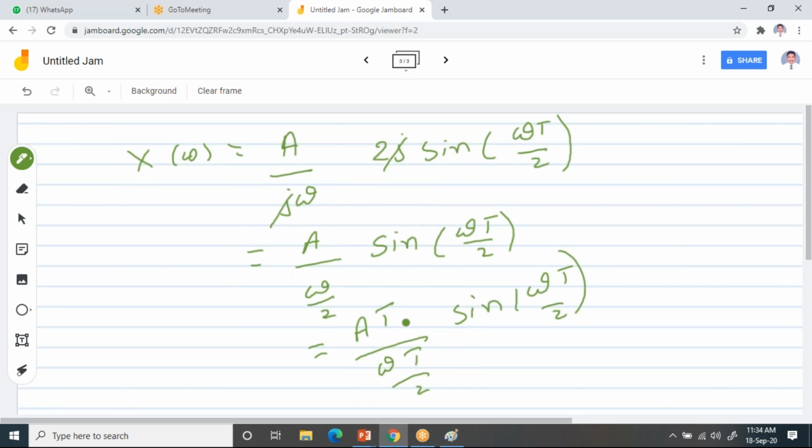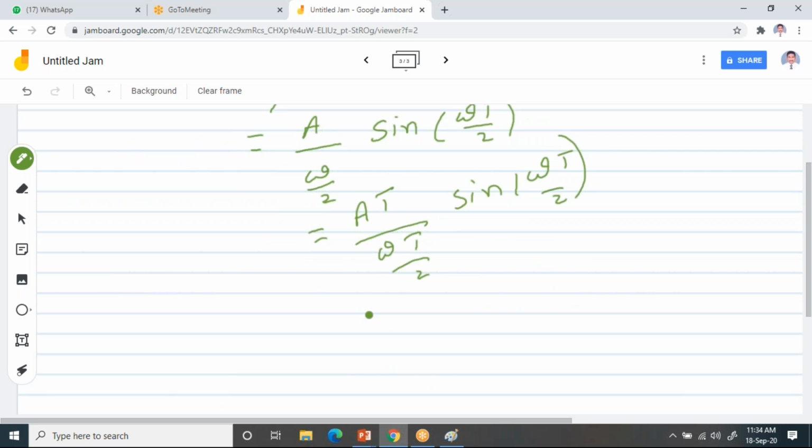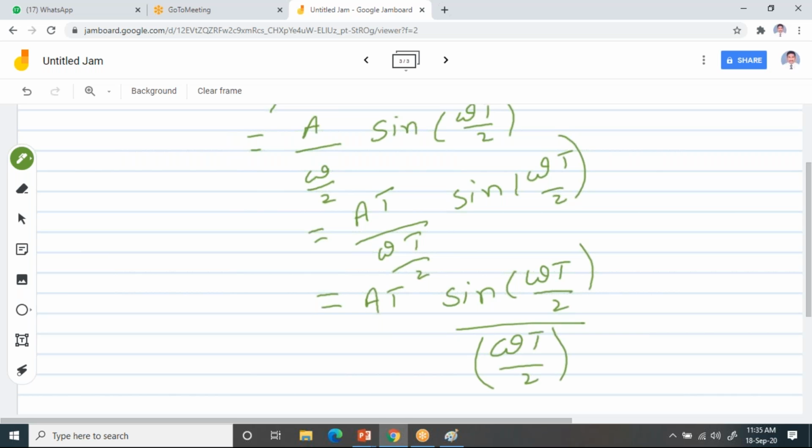Then if you rearrange this, I can write this as, now I can take this term like this, at sine of omega t by 2 divided by omega t by 2. Now observe it. If you see this sine, it looks like sine x by x. This sine x by x, you already studied in the previous topic.